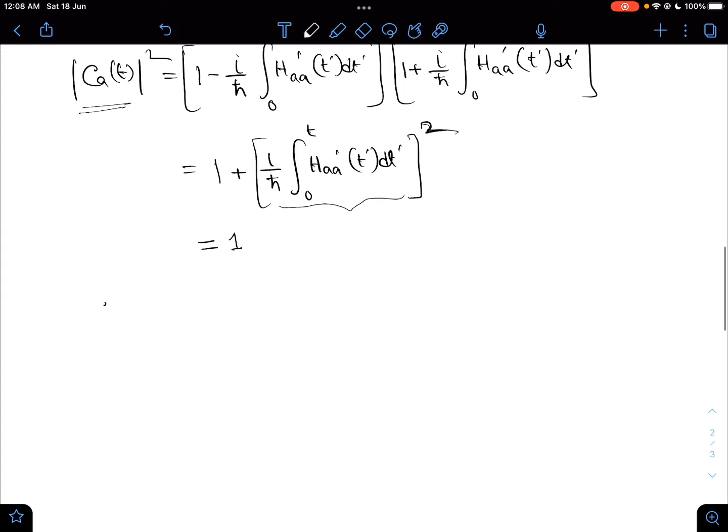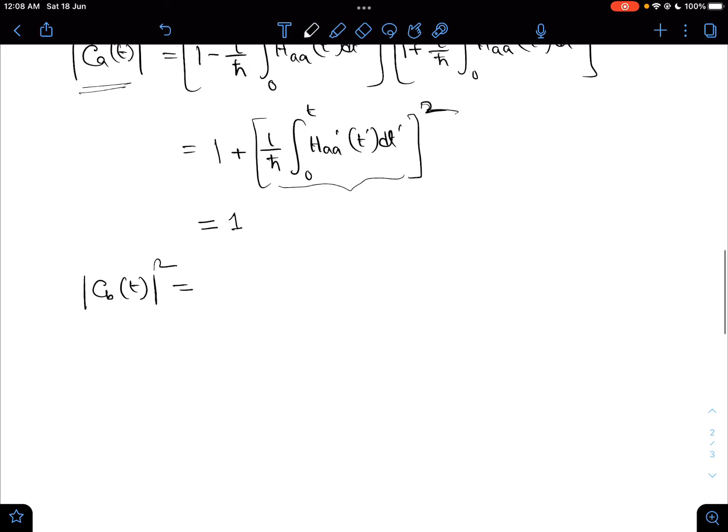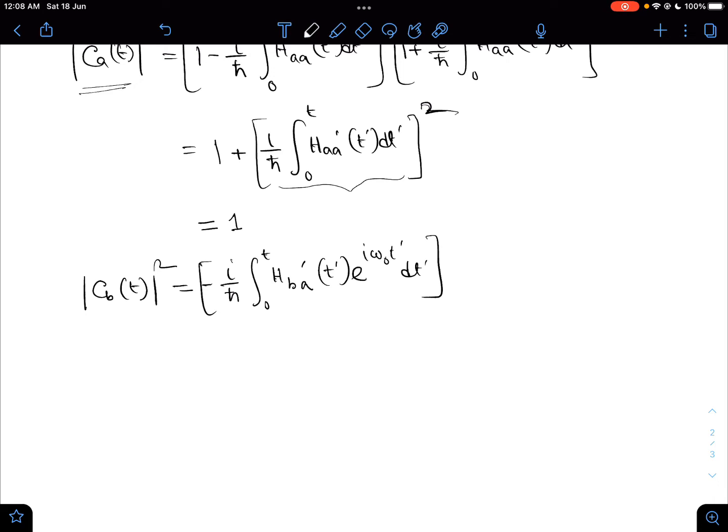So now if we calculate |C_B(t)|², we will have minus i/ħ ∫ from 0 to t of H_BA'(t') e^{iω0t'} dt', and another term will be i/ħ ∫ from 0 to t of H_BA'(t') e^{-iω0t'} dt'.